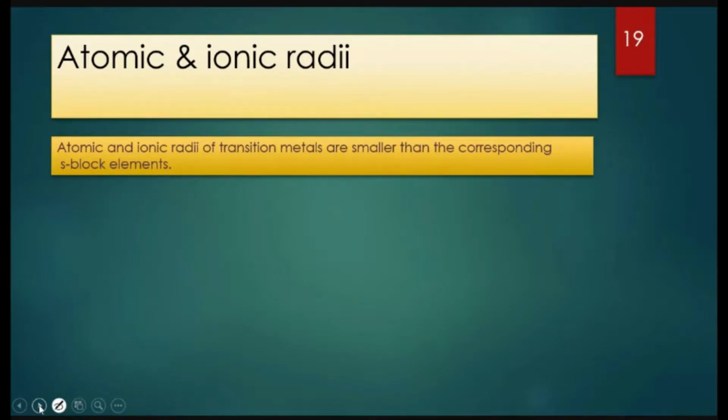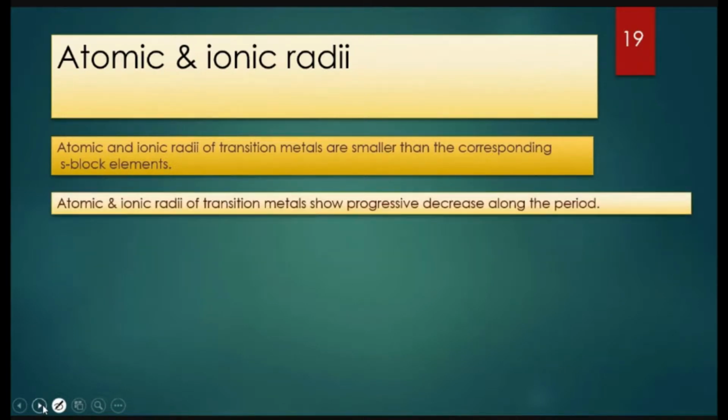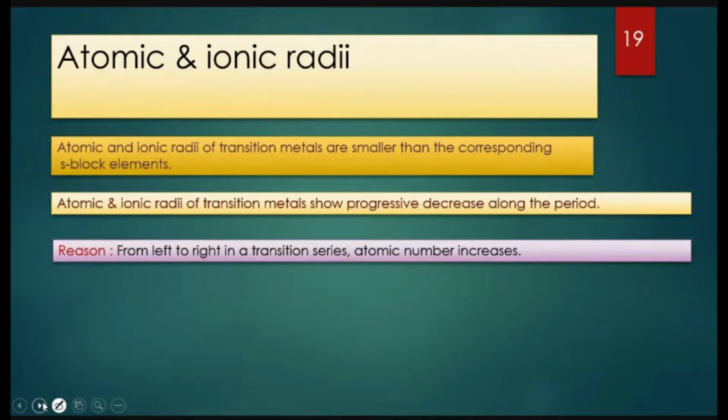When it comes to the D block elements, the atomic and ionic radii of transition metals are usually smaller than the corresponding S block elements. Atomic and ionic radii of transition metals show a progressive decrease along the period. Then what must be the reason for this?